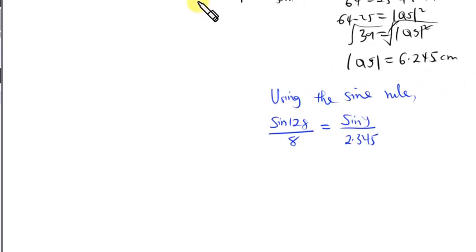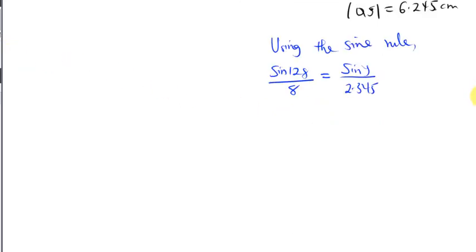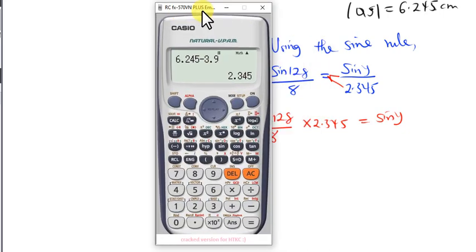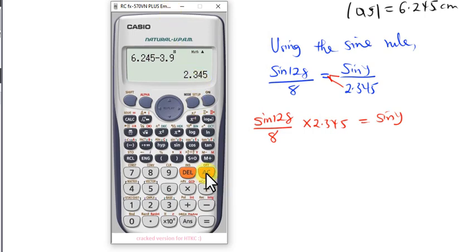All right, I want to find y, so I'm going to do half cross multiplication. I'll leave sine 128 over 8 here, and I'll bring this up so that I'll have times 2.345, but I will leave the sine y here so that I simplify the term on the left. I'm going to type the whole of this on the calculator so that we can move at a faster pace.